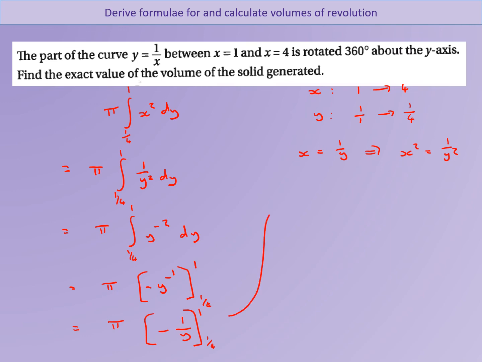In order to calculate this, we're first going to find f of 1, and then f of 1/4. So the answer we get is 3 pi.